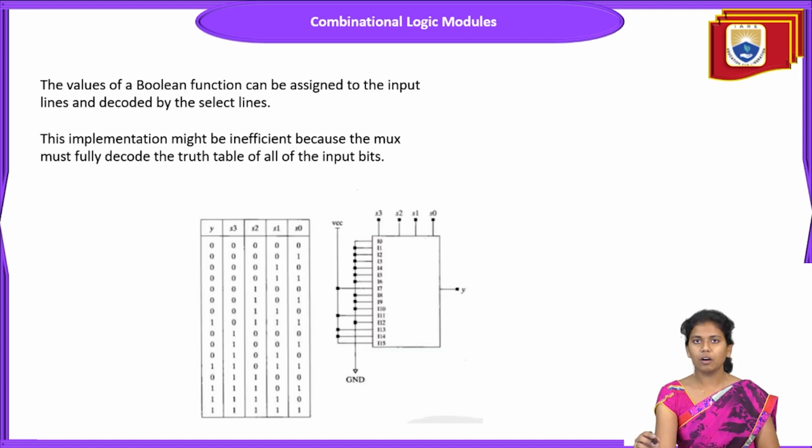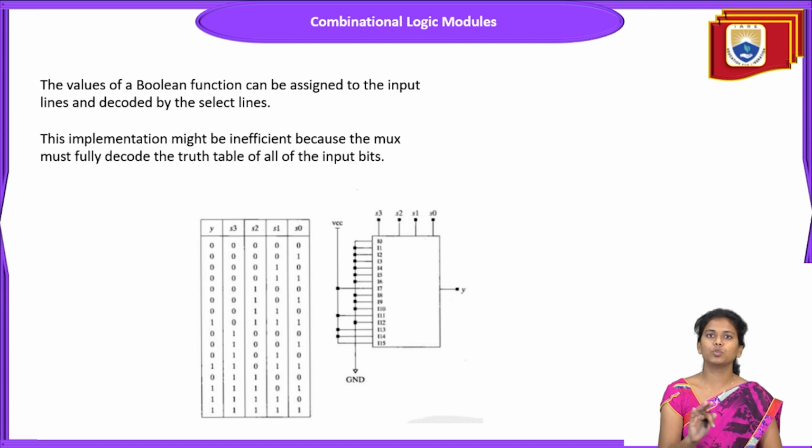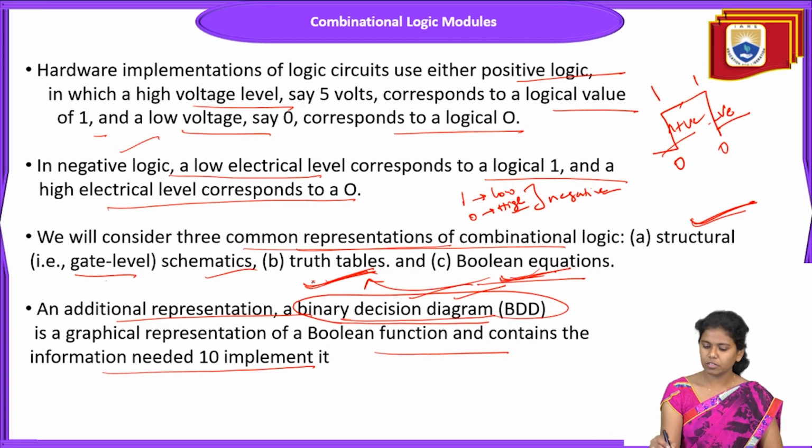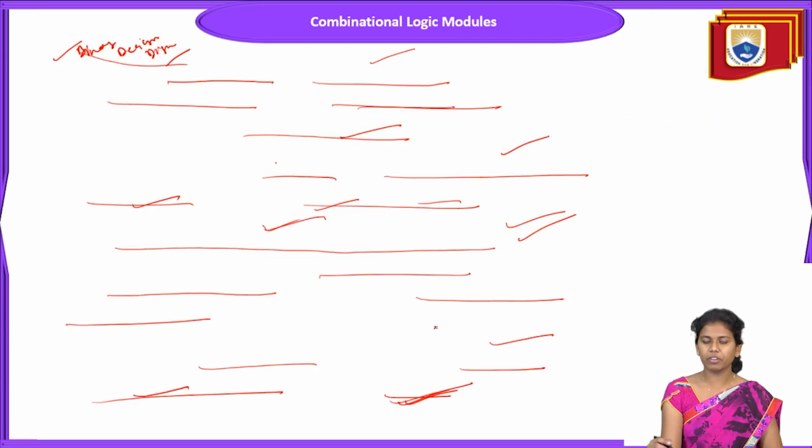When you are considering combinational logic modules, always remember that we have to consider three things: structure, truth tables and Boolean equations.